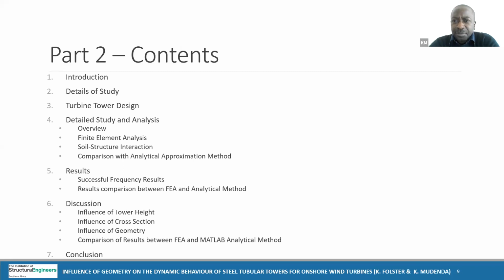And so that led to this study that was undertaken to look at changing the geometry. If we deviate from the circular tapering steel tower to different geometries, would we be able to get geometries that would meet the dynamic requirements for these tower heights? That is basically the study that Kaylee undertook.